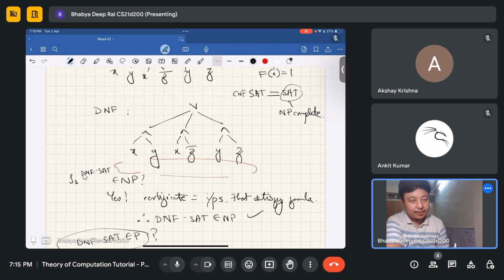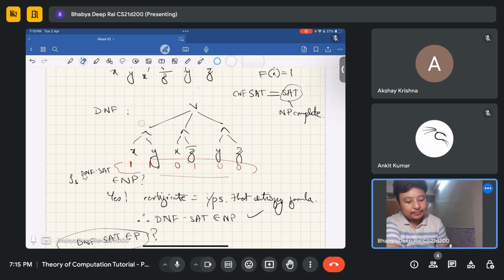Suppose you say, okay, sir, 1 and 1 and 0 1 0 0 will satisfy this. And then I evaluate, 1 and 1 will give 1, and then because of this OR, I'll get a 1.